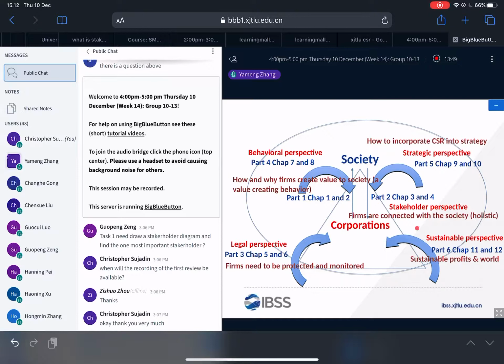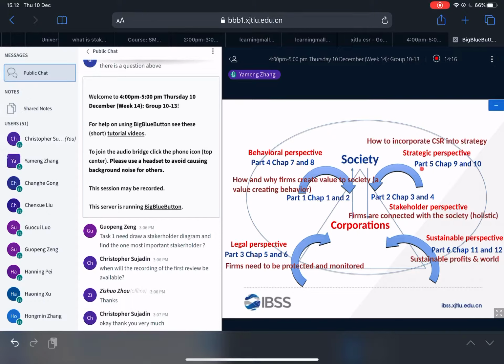And when we learned part 2, we know that the corporations and stakeholders interact with each other, right? Because the firm can do CSR to create value for the society. So in the meantime, the society building good relationships with different stakeholders can also provide benefits to the firm.